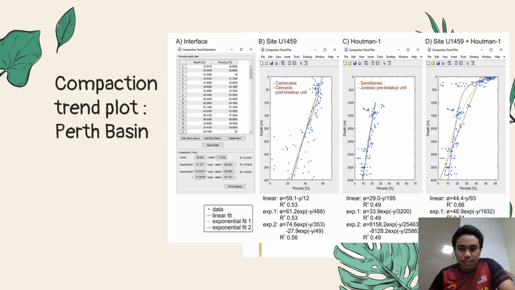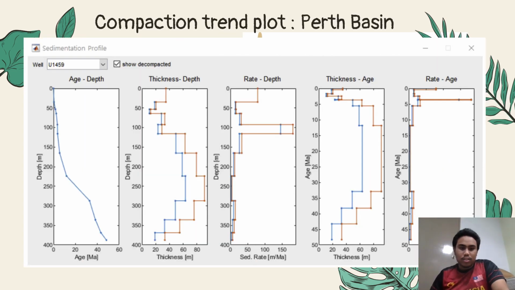Next is another type of trend plot, using age over depth. We can see that the age increases as the depth increases. When the sediment is over 350 meters, the age of the sediment is older than the upper one.